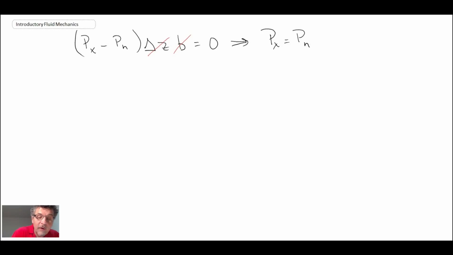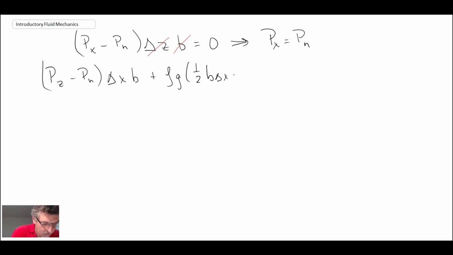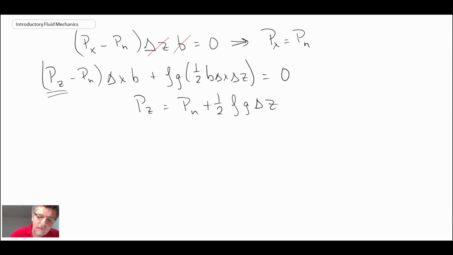And similarly for the Z direction, that also will equate to 0. So I'm going to isolate Pz, and we get this expression here.